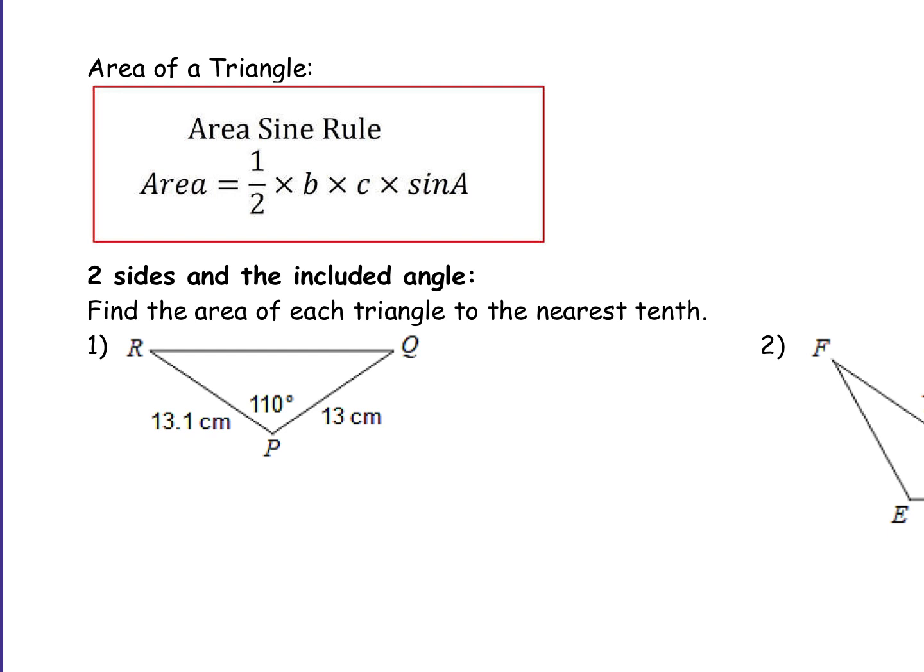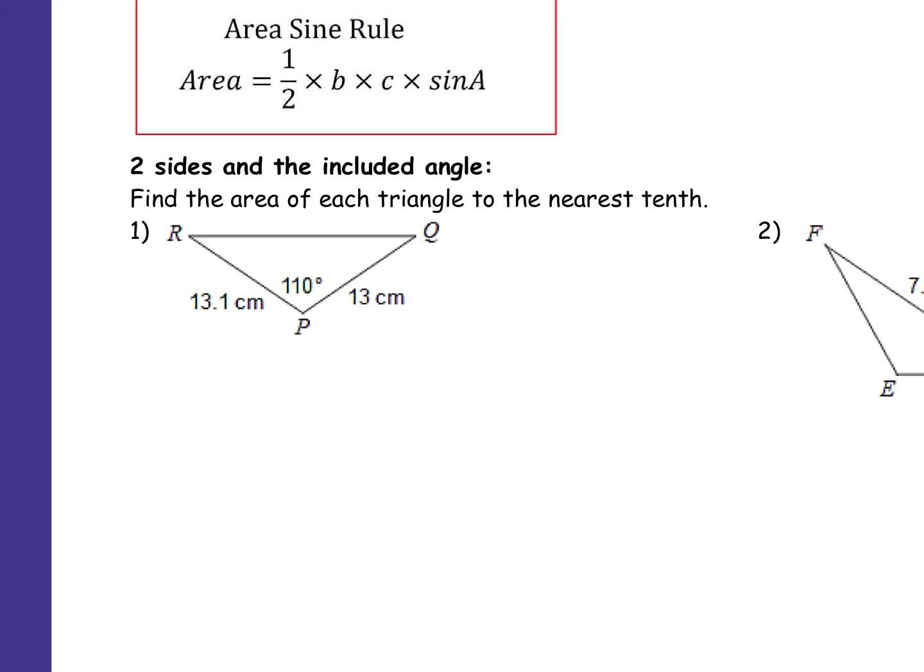If I know 2 sides of a triangle and the angle between those 2 sides, I can find the area by using this sine rule. I'm going to take 1/2 times side B times side C times the sine of angle A. Remember we want to be in degrees because my angle is in degrees, not radians. So make sure your calculator's in degrees.